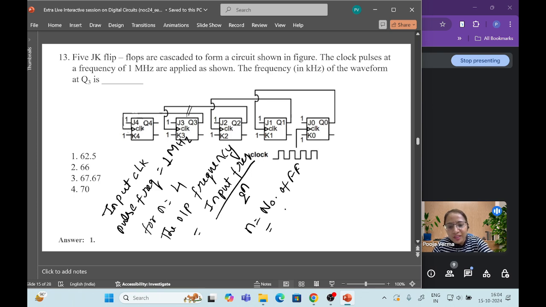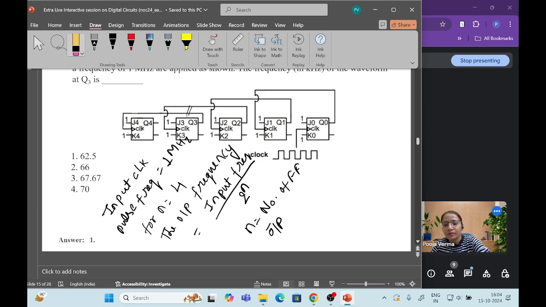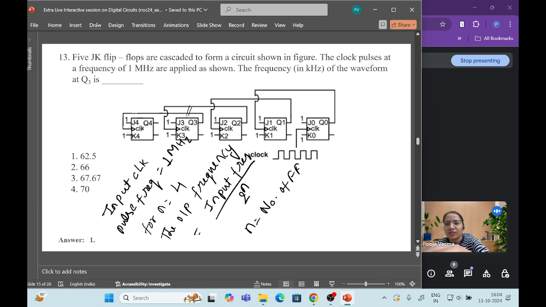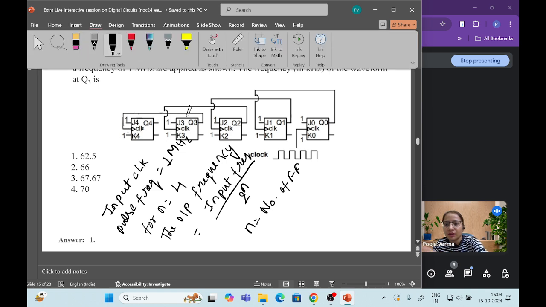The input frequency is given, so output frequency we can write like this: frequency at Q3. It is better for understanding.